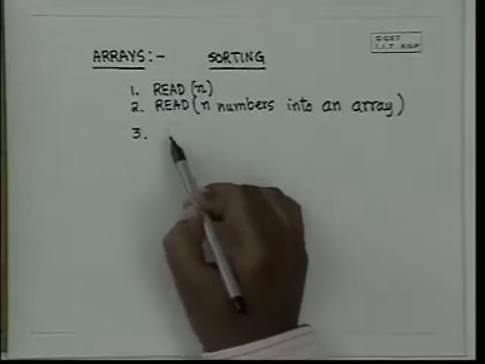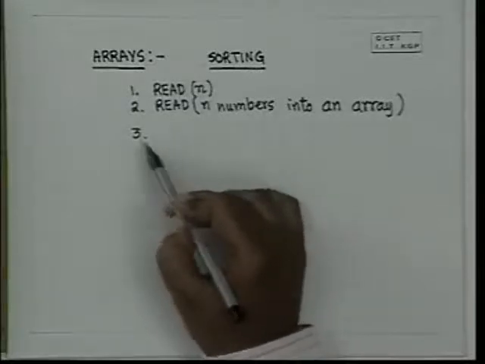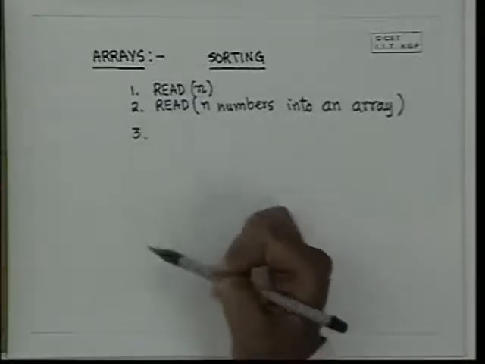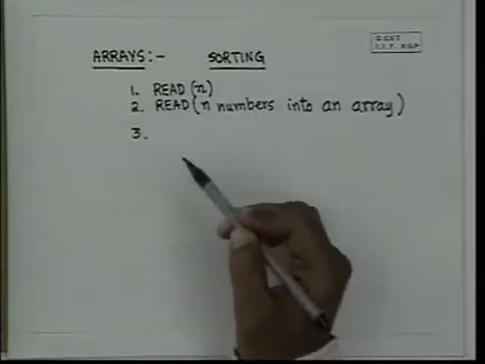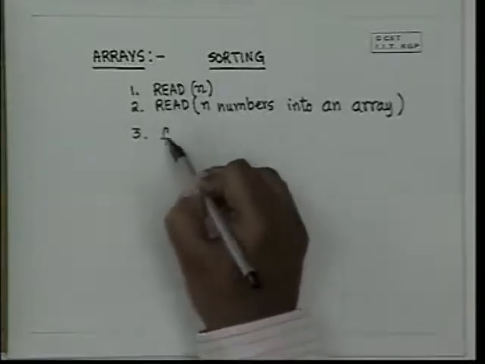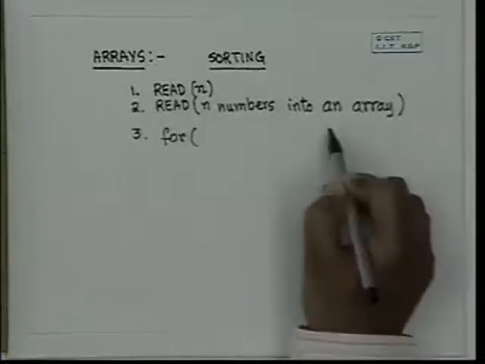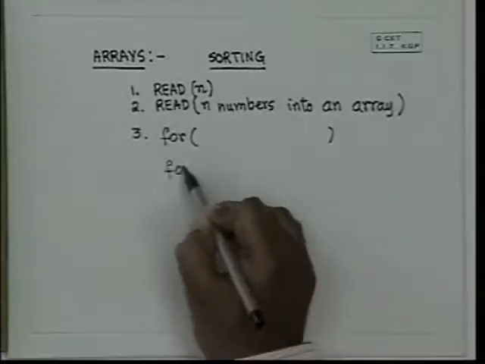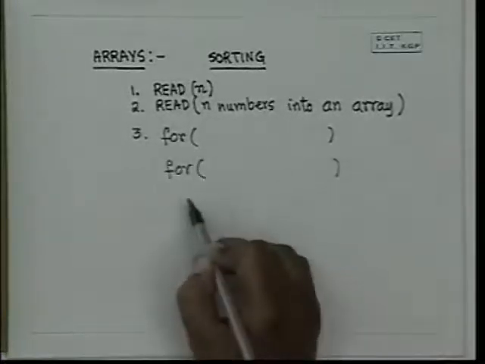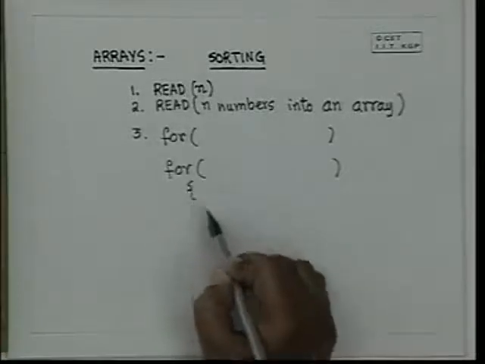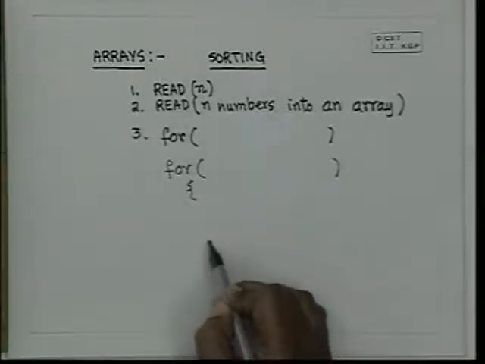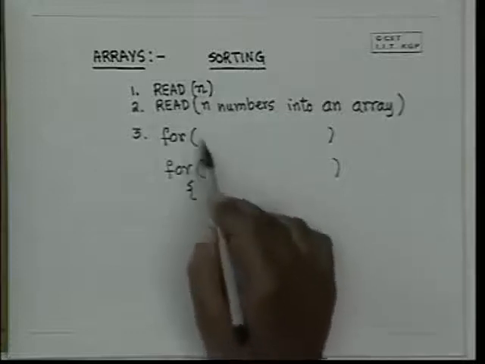The whole idea behind the sorting program is that in each loop you are finding out the maximum element and storing it in the top position. So we use two loops, and in the inner loop we do a comparison and an exchange. This is the idea of sorting.